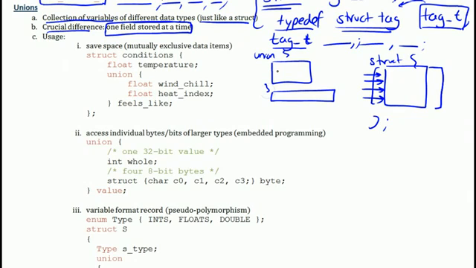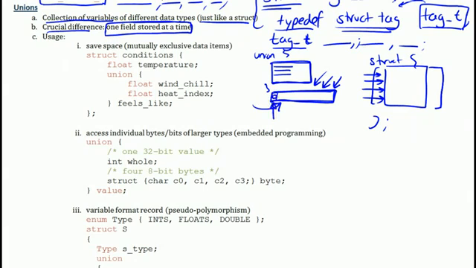So we will only have space to accommodate the largest data type in that union, so that we could basically accommodate any of the smaller ones and the largest one, and then we will only store the information for one of them. So when you store information for any of the variables, it will basically overwrite whatever was in memory before that. So all of the data types are stored at offset 0.